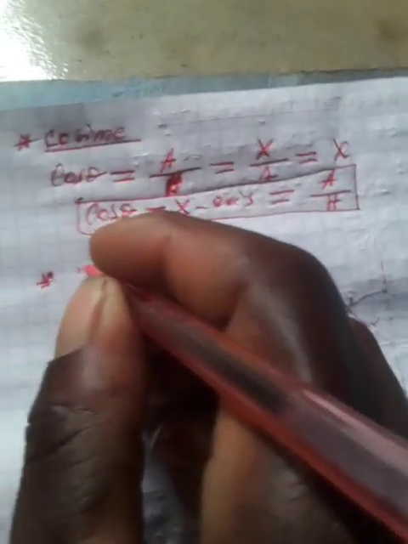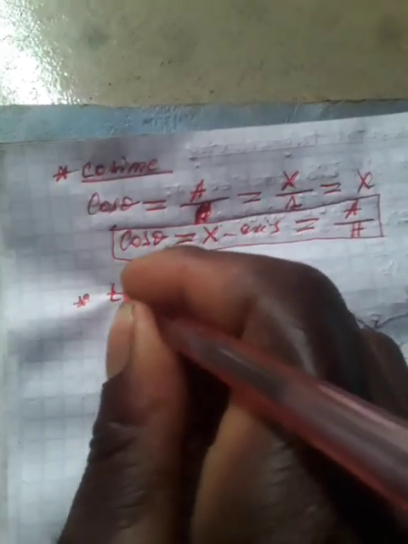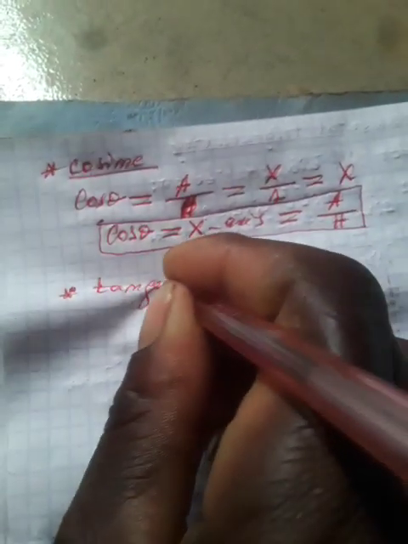Then finally we are going to define tangent. Let's come back to our diagram.